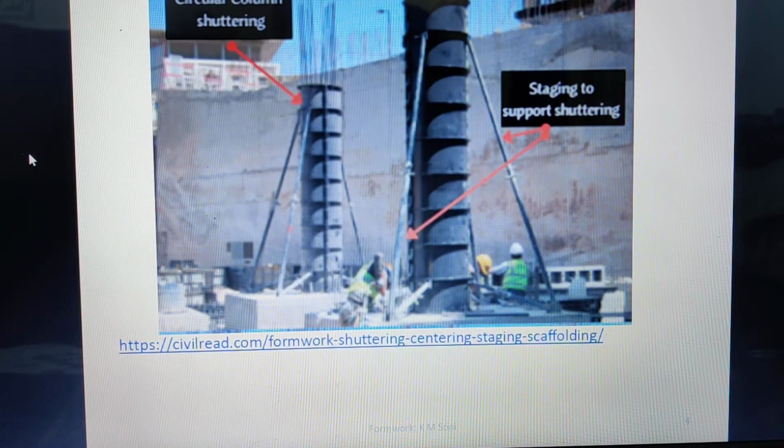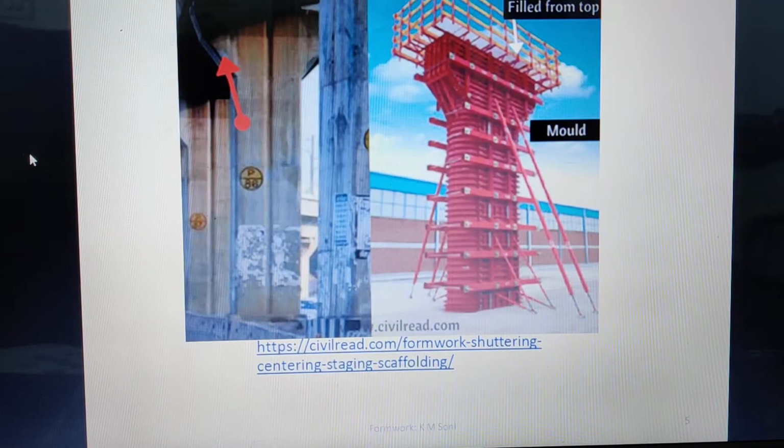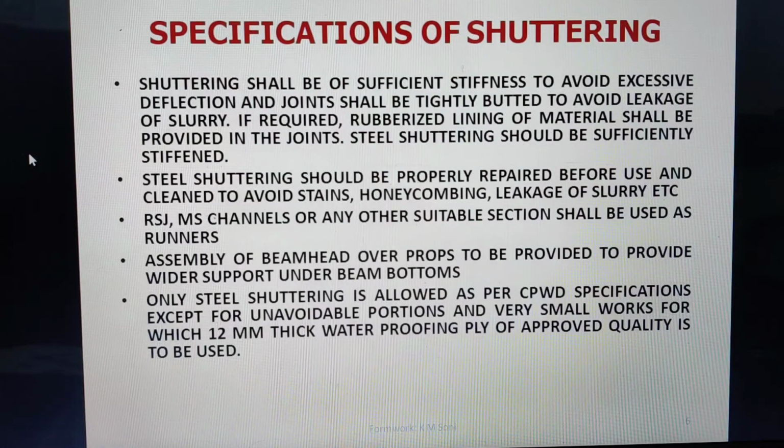Now, you see here that this vertical arrangement or shuttering is shown in a figure, the reference of which has been given. Here also you can see vertical surface and web reference has been given.